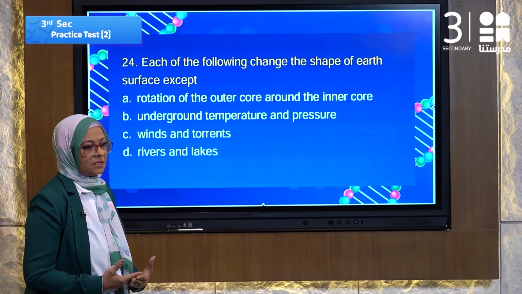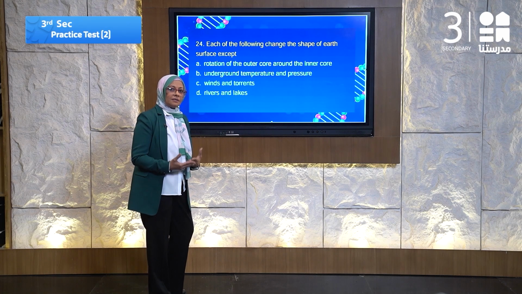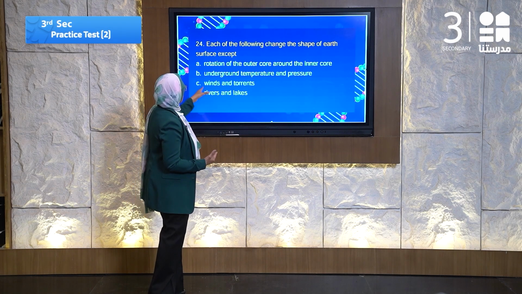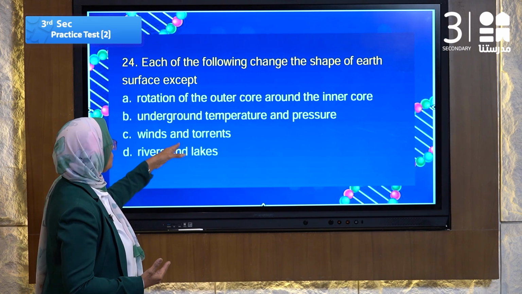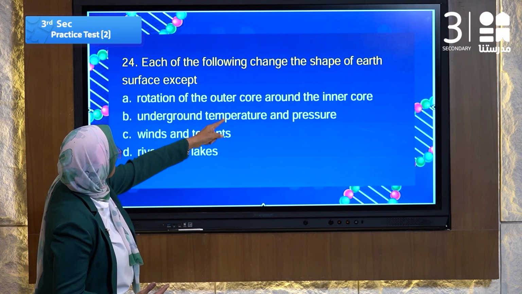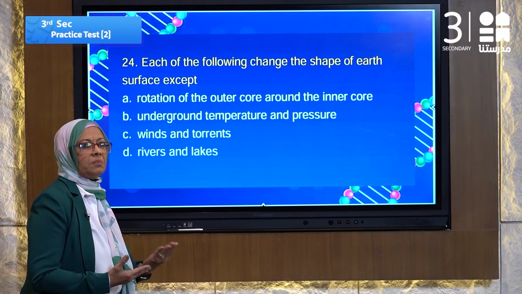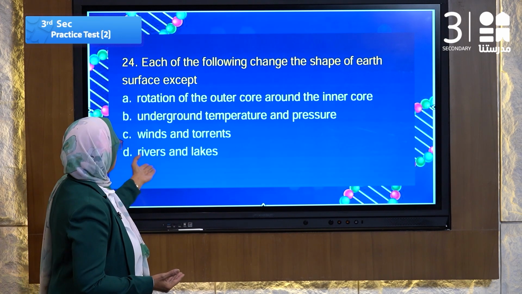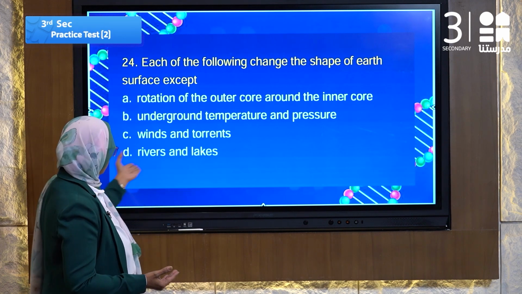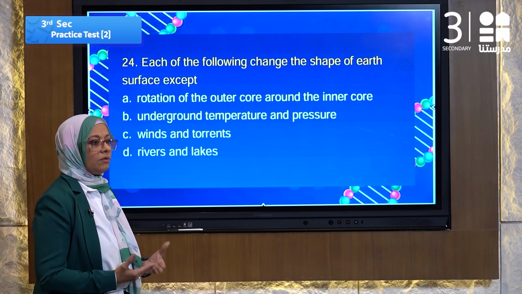There are differences in temperature and pressure underground, meaning under the Earth's crust. C, winds and torrents, which change the shape of the Earth's surface through erosion. D, rivers and lakes, meaning the water on the Earth's surface.